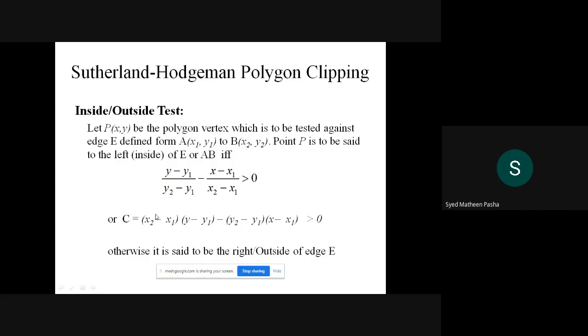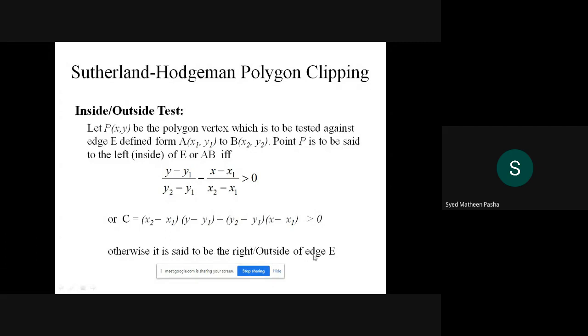If this is not the case, it should meet this particular condition, where I assume this equation is equated to a constant c, which should also be greater than 0, where you are just taking the differences between the coordinates with respect to the x and y axes. If it meets this, then I call that point inside the window; or else it is on the right, or outside the edge.